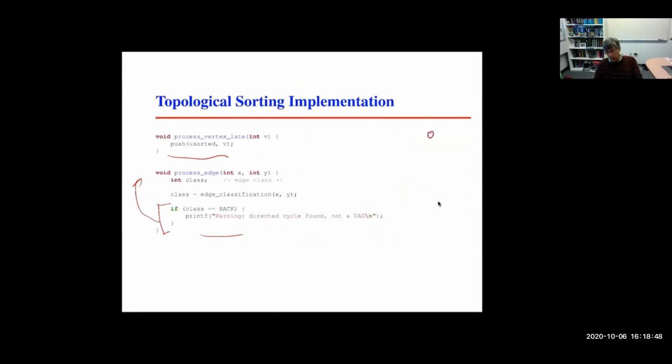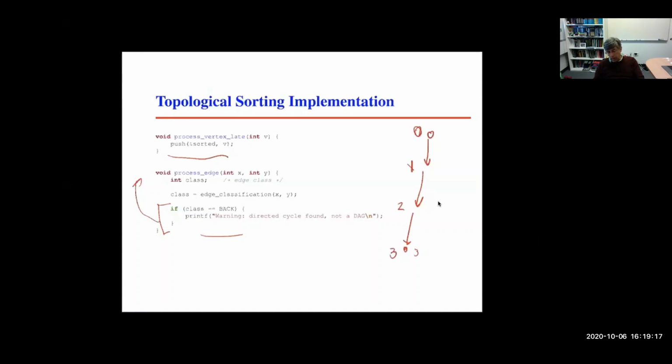Let's look at what might happen. I start from this vertex. Ooh, I discover somebody. Ooh, I discover somebody. Ooh, I discover somebody. I look at the neighbors of this guy. I have no more neighbors. This guy is now finished at time 3. It started at time 1. Let's say this one started at time 0, then 1, 2.